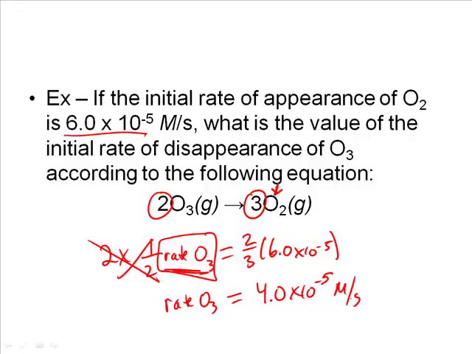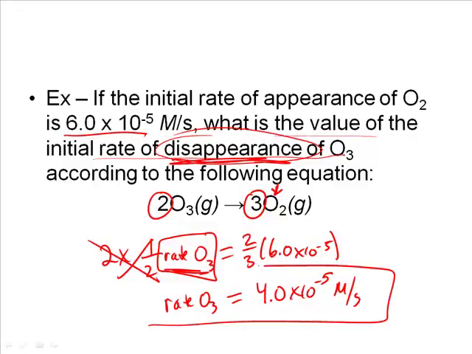Now, again here, is it positive, is it negative? It doesn't really matter, but what is the value of the initial rate of disappearance of O3? So they're saying it's disappearing. You can't have something disappear at a negative rate, so they're saying it is negative, we know that. So it's disappearing at a rate of 4 times 10 to the negative 5th molar per second.